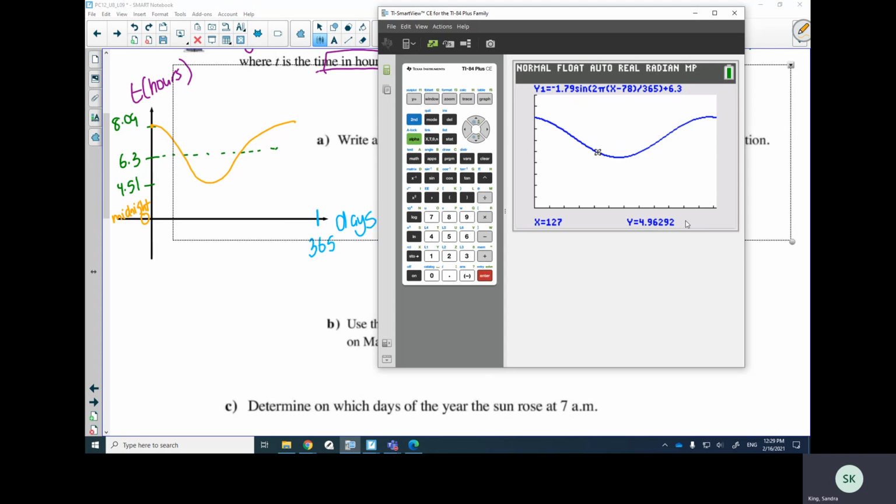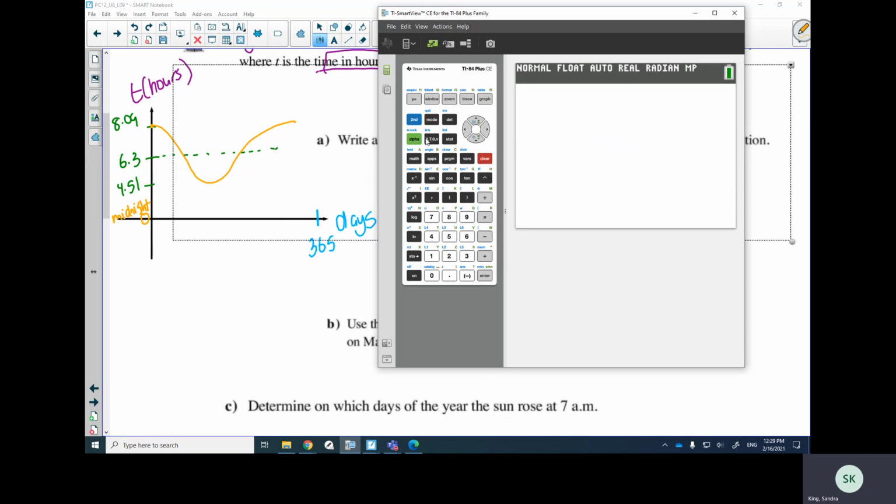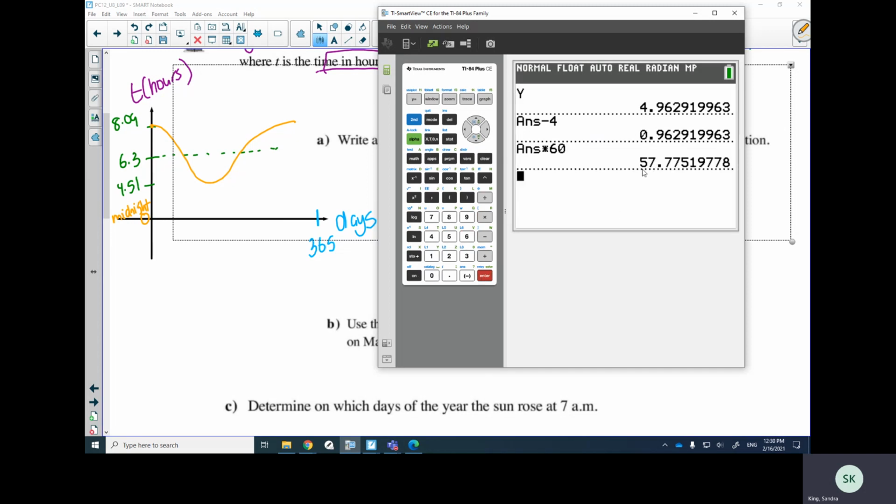Let's figure out how many minutes that is, right? So I need to now get my y value. So your y is alpha 1, enter, get rid of that 4, and times that by 60. We could use rounding rules for this one because we're not worrying about bottoming out.